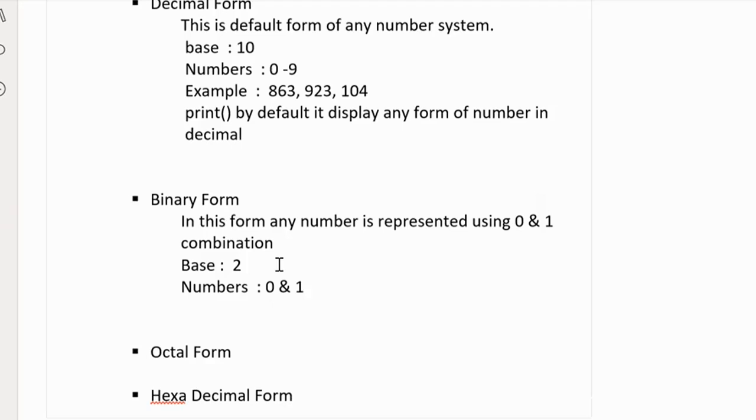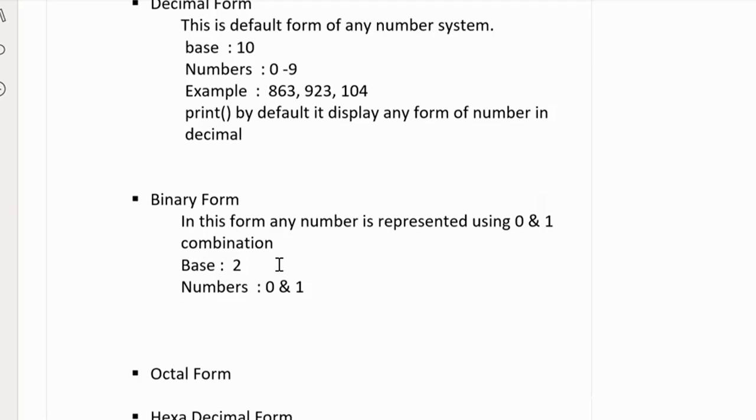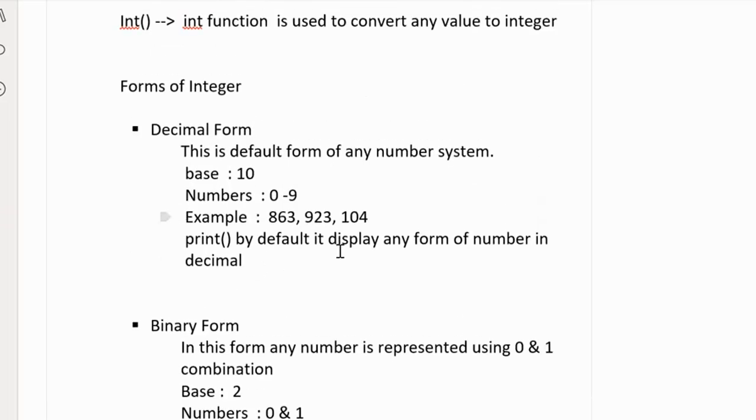Now, an example. If I give 1, 0, 0, you will say that it is 100, right? The 100 is a decimal form.